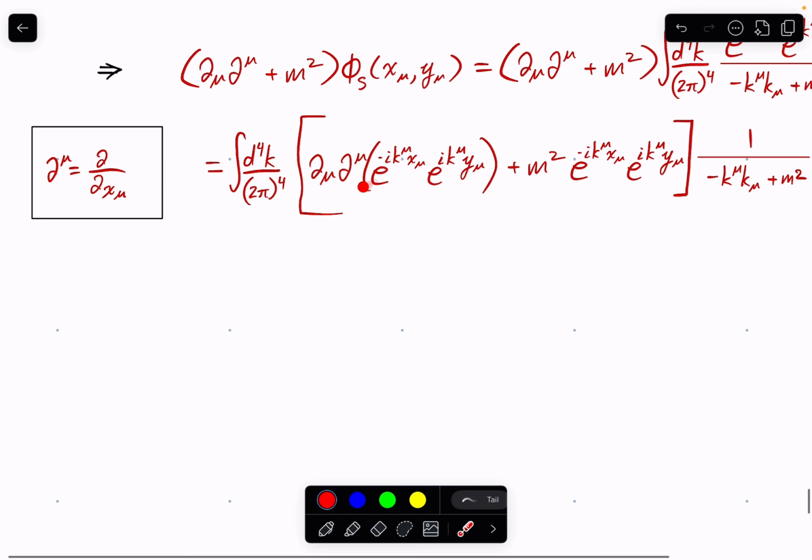So this will give a minus i k superscript mu, and then the derivative of this will be 0.